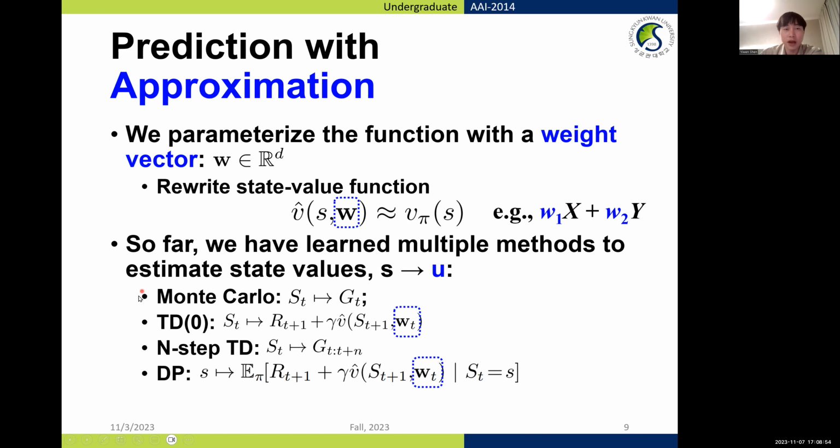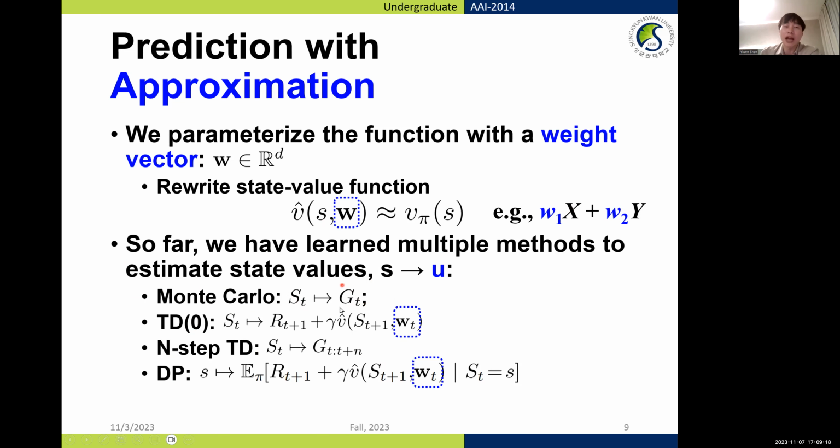Now we can rewrite what we learned in the first half of the semester, like the Monte Carlo method, TD(0), n-step TD, and DP. We can rewrite the update process. For Monte Carlo, we consider each episode.